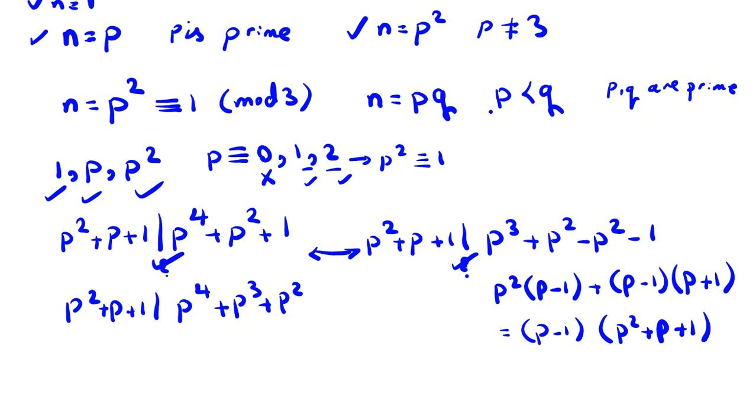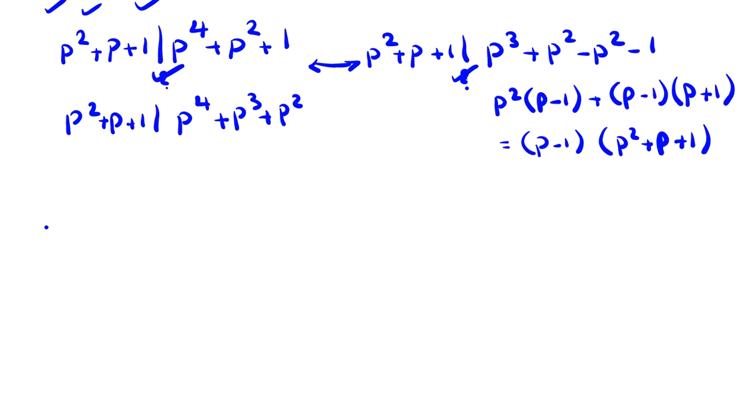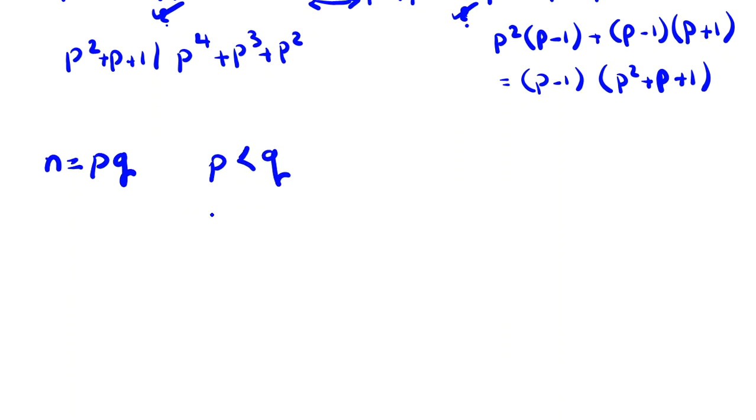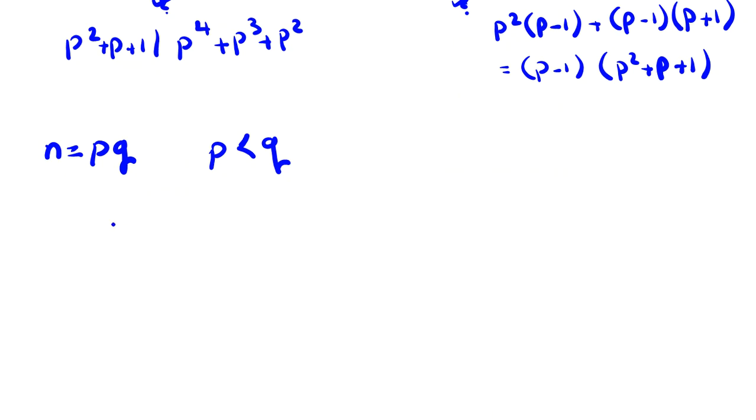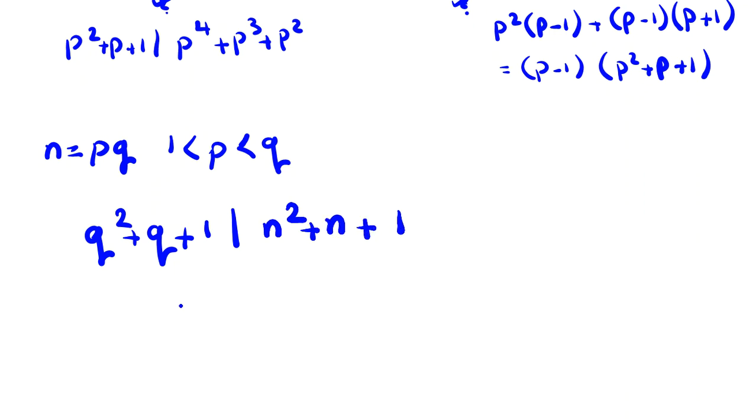Now let's check n equals pq, where p is less than q. So here, let's consider the greater one. q squared plus q plus 1 divides what? And they are greater than 1. It divides n squared plus n plus 1.